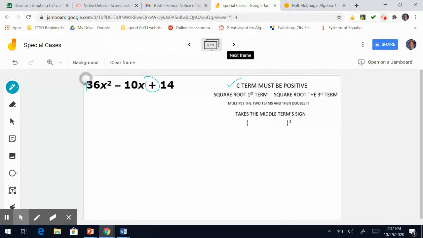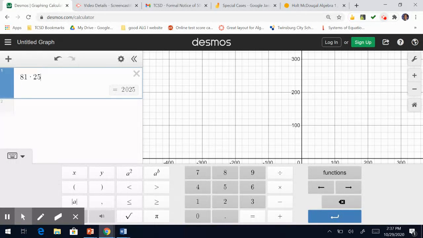Square root the first term. What is the square root of 36x squared? It's 6x. All right? What's the square root of my third term? What's the square root of 14? If I type in square root of 14, is that a nice, pretty number? No. That is an irrational number, 3.7416573867.